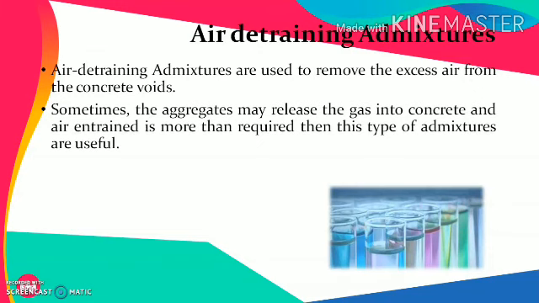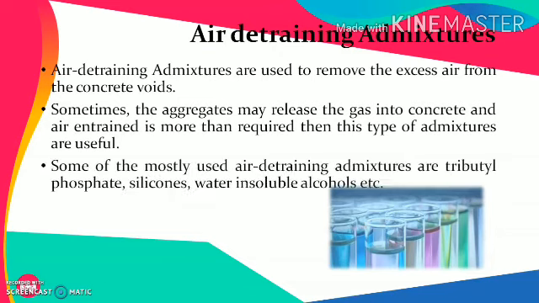In such a case, we need to add an air detrainer to reduce the amount of air that has been introduced, which may otherwise result in a reduction in the strength of concrete. Some of the most commonly used air detraining admixtures are tributyl phosphate, silicone, water insoluble alcohols, etc.